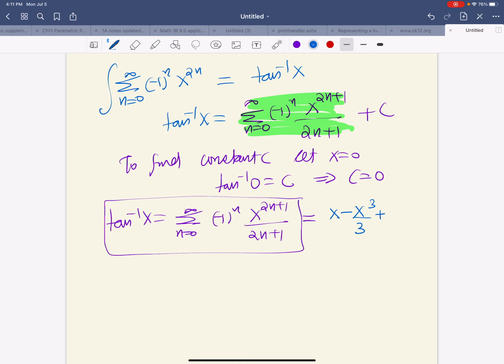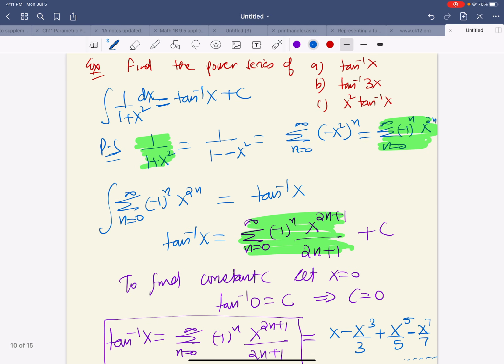When n is 2, it would be a positive term, x to the power 5 over 5, minus x to the power 7 over 7, and so on. So we found the power series for tangent inverse x, and it's an infinite series.